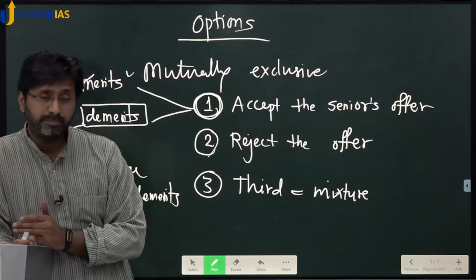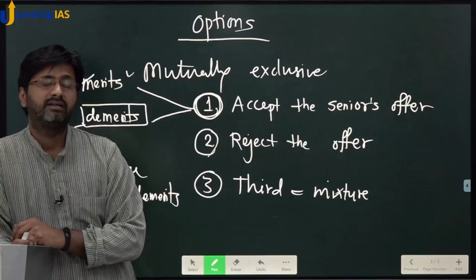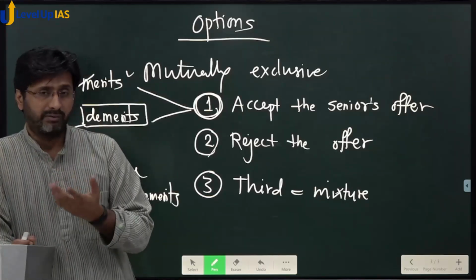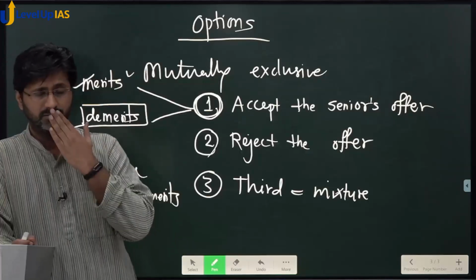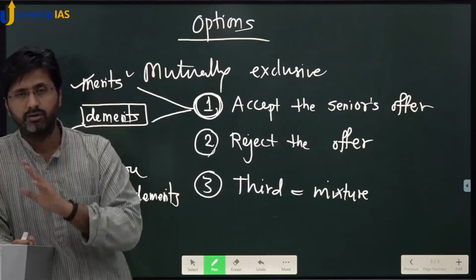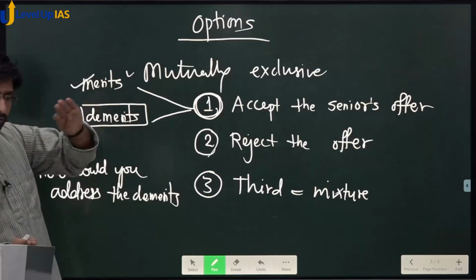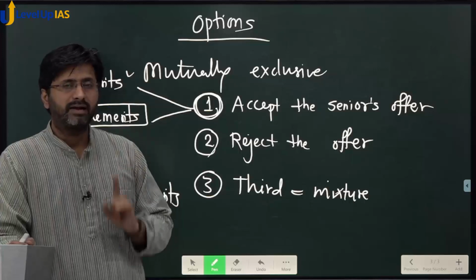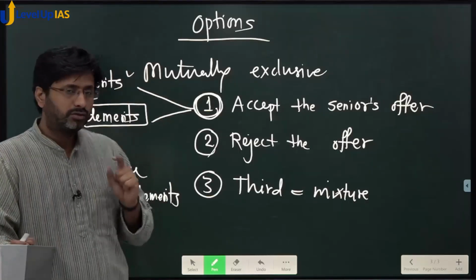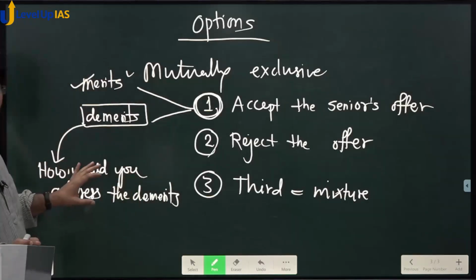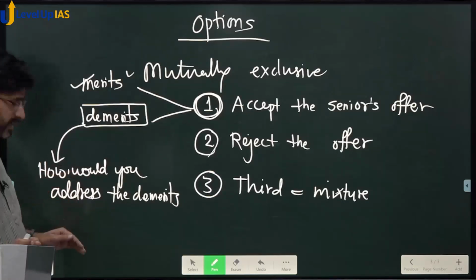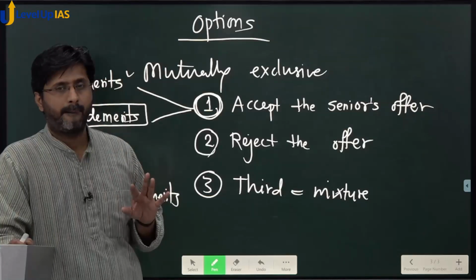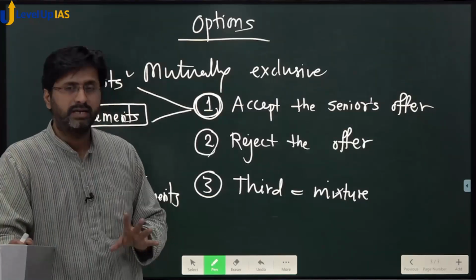Fourth, possibly the candidate lacks somewhere, minutely, but at least somewhere he lacks, because if that wasn't the case, there wouldn't have been any contact. What would you do for these four things? You have to mention it. Reduce the impact of the demerits. So, once you choose the option, the demerits will be tackled in the following way. That should be the extra paragraph. It has to be like that.